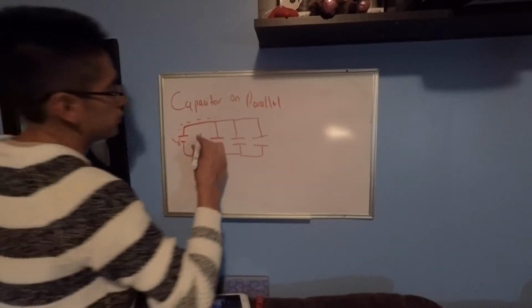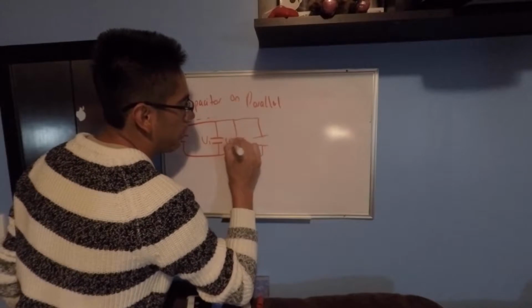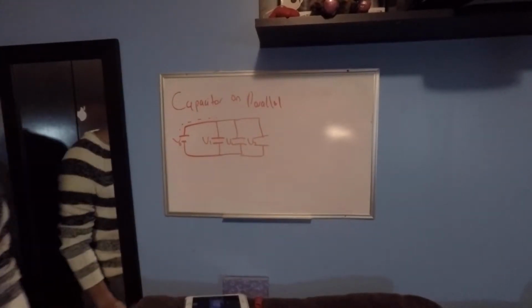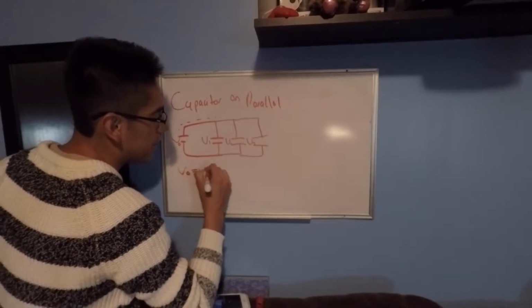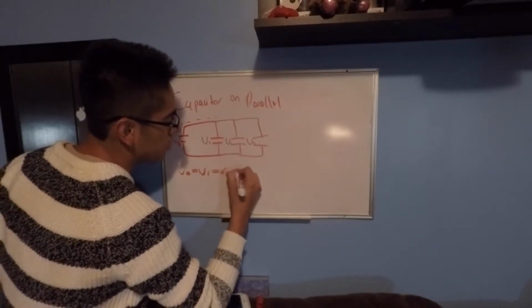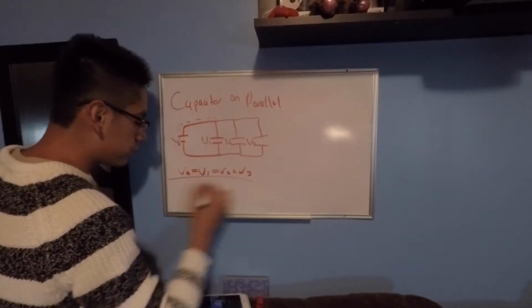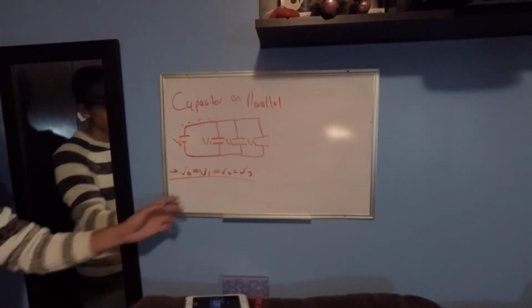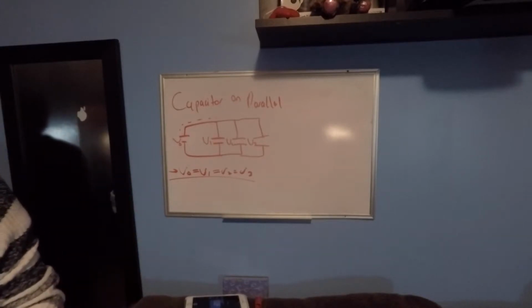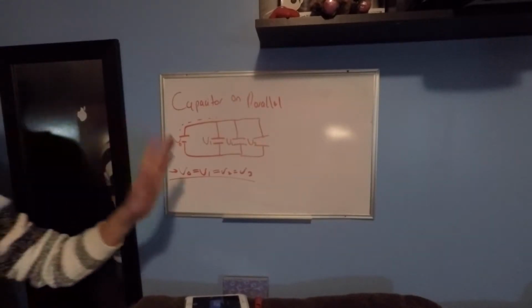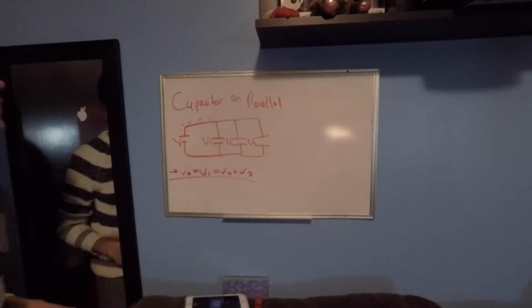Just to make it simpler, you have B1, then B2, and then B3. These are exactly the same as the battery, which is B0, because the other ones are charged by the battery, so they have the same amount of voltage.